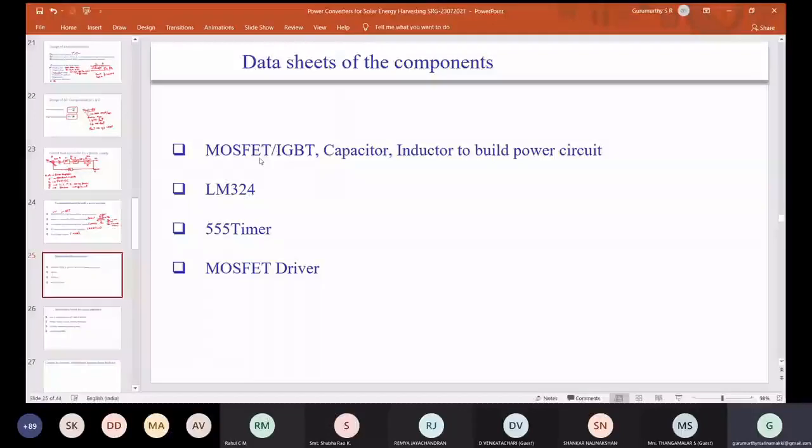You can use any op amps, any timer, any other components. I have selected these for this FDB program. We have built some circuits using these simple components so as to get familiarized with the concepts.